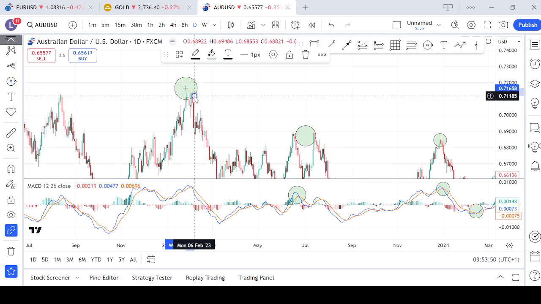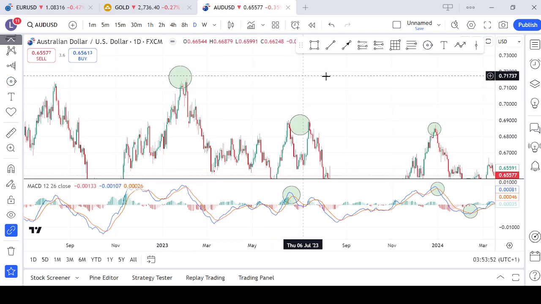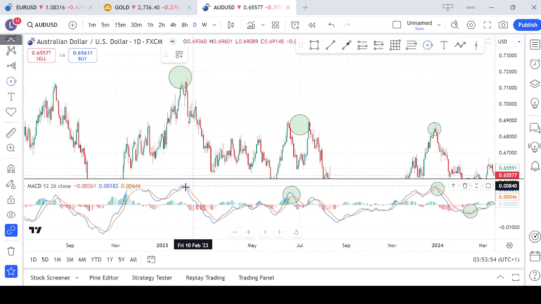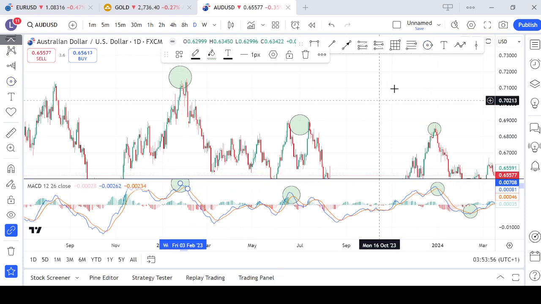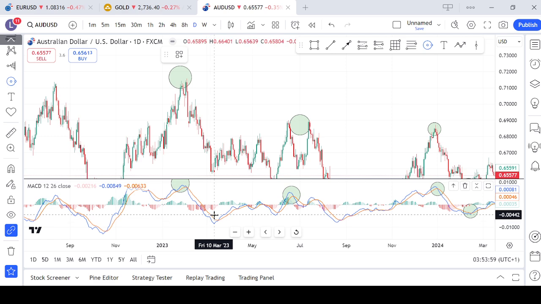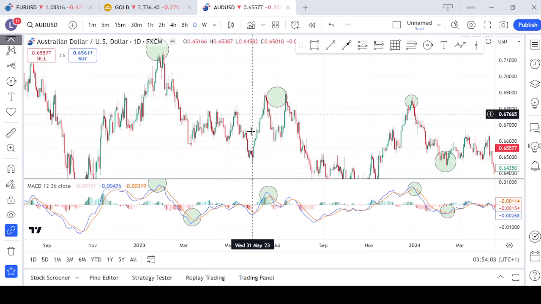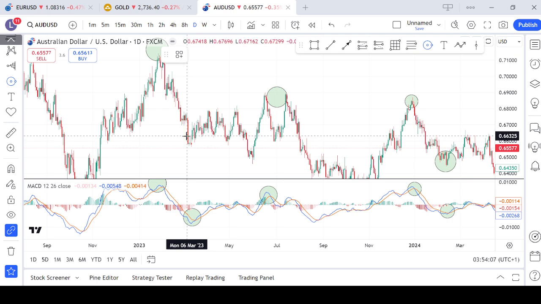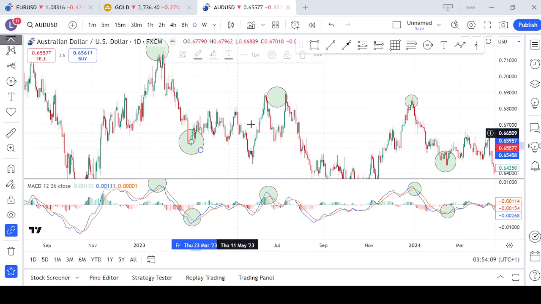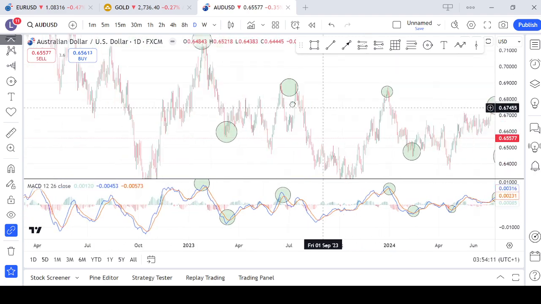This is one, and see this one also, but we were in a bearish trend, so we won't be taking this bullish signal generated here. We are in a clear bearish trend right here.